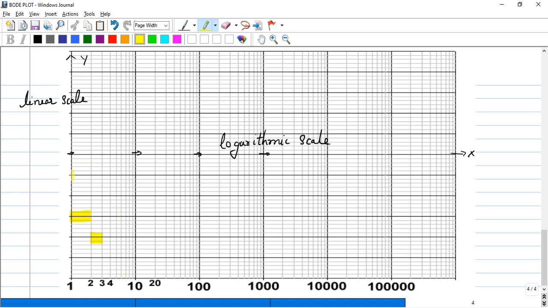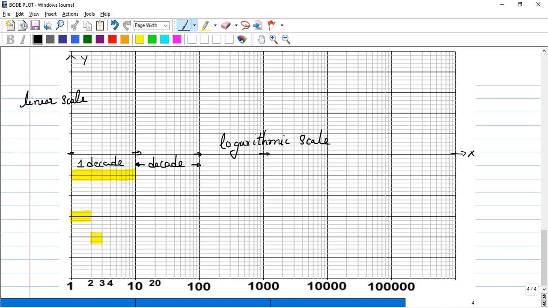This complete distance we call a decade. This is the terminology that we use. From here to here is also a decade, so that is 1 decade.